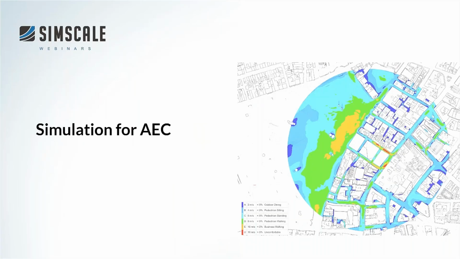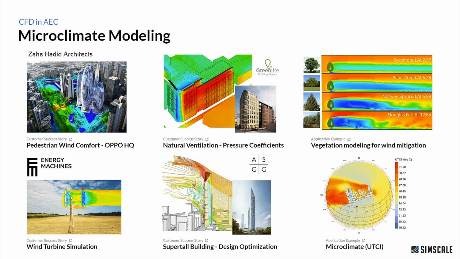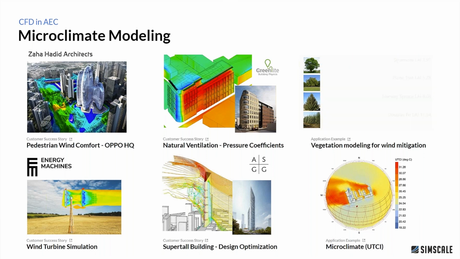Now, quickly an introduction to SimScale being used in the AEC sector, and how our customers use SimScale. We can see here an example of a few projects, how our customers have been using SimScale.